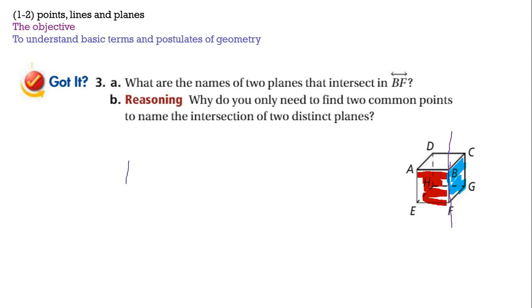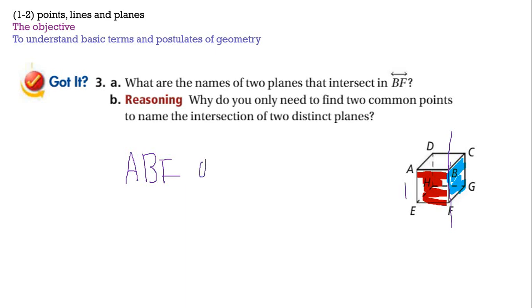So I can say A, B, F for the first plane. Miss, can I use the third point, this one? Can I say E, A, B? Yes, you can. Can I say F, E, A? Yes, you can. There are many ways to write them, but choose only 3 points that lie on this plane.